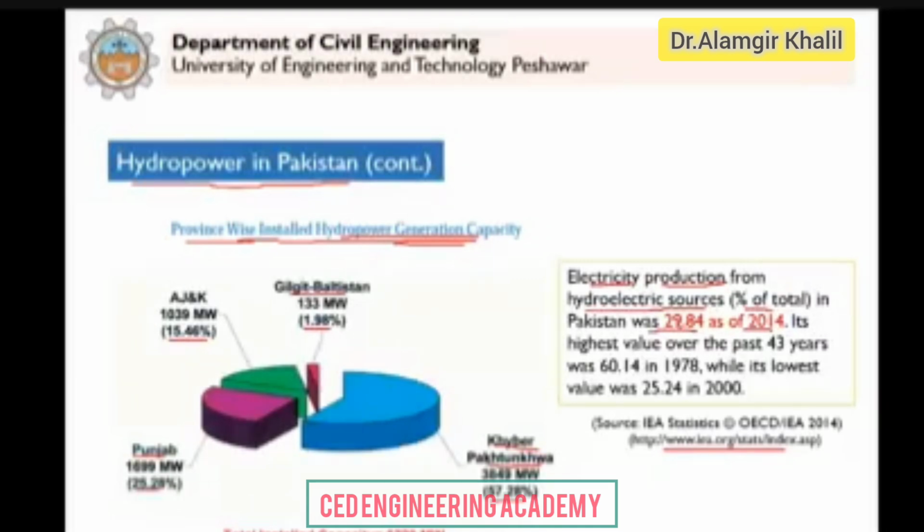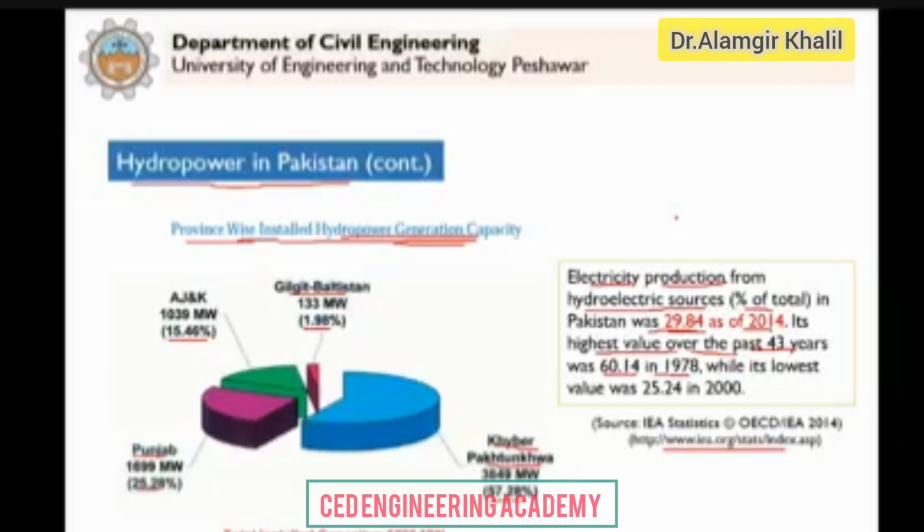Around just 30% of the total was hydroelectric as of 2014. Its highest value over the past 43 years was 60% in 1978. So it means that in 1977, when we completed the Tarbela Dam, at that time in 1978, the contribution of hydroelectric sources was 60%. It means 60% of the electricity was coming from hydropower.